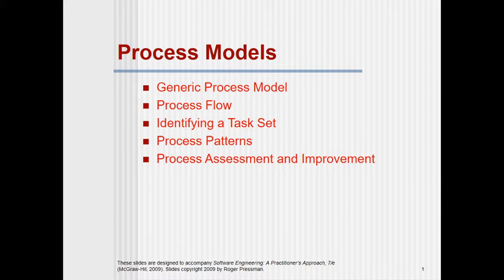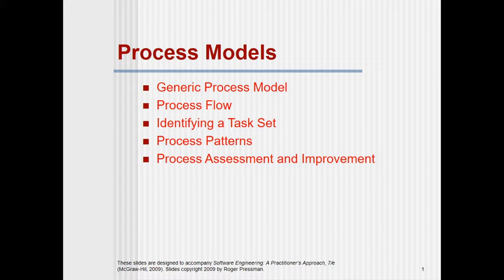In the last lecture, we discussed what software engineering is and its definition. We also discussed that software engineering is a layered approach, and there are various layers, one of which is process models, or process.